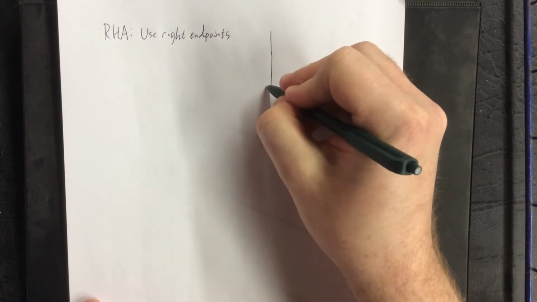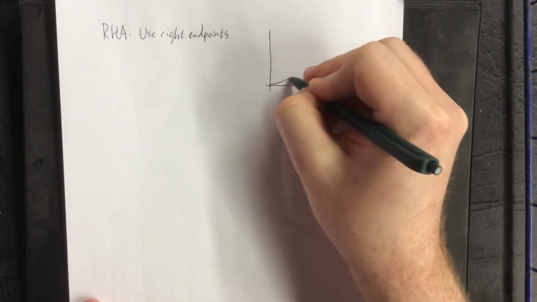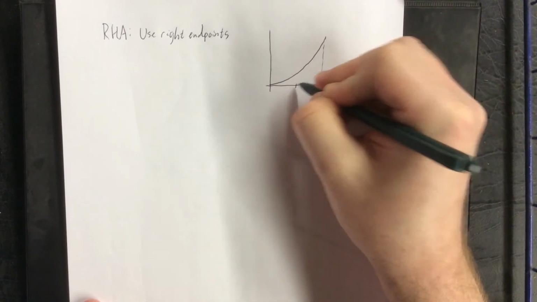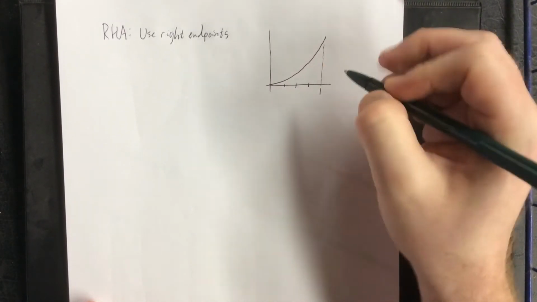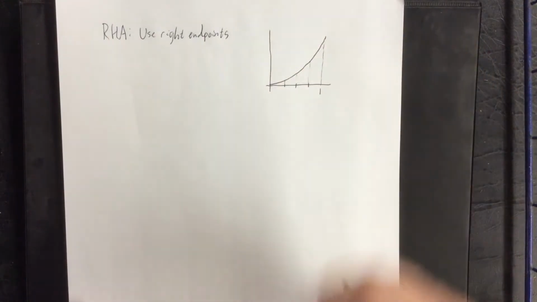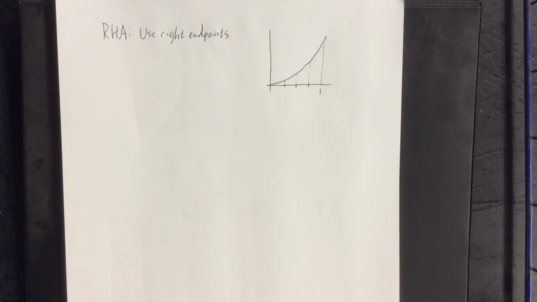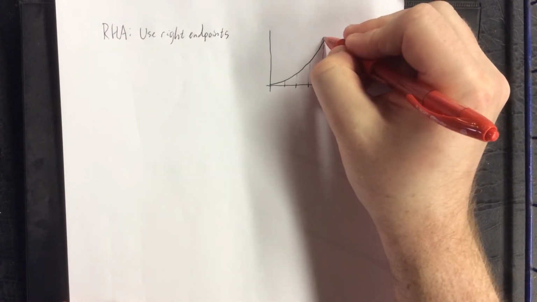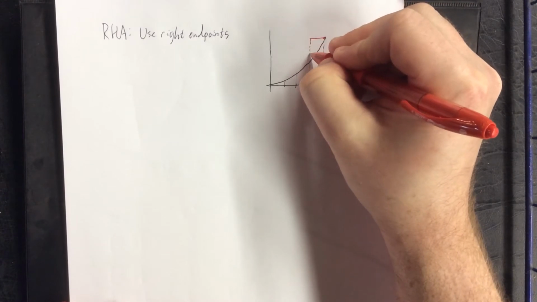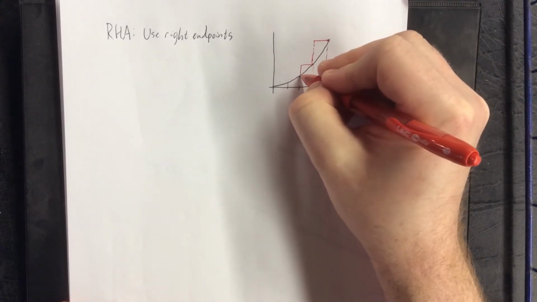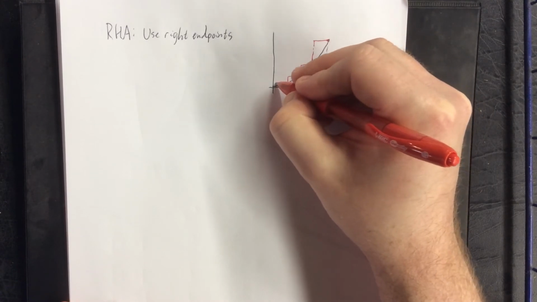So recopying our area that we're trying to find. Here's x equals 1. Split it into 4 intervals like so. And connecting heights like so. For right-hand endpoints, this time we'll be taking the right endpoint for each interval and connecting it over to the left endpoint for the interval, and repeating this process all the way down.